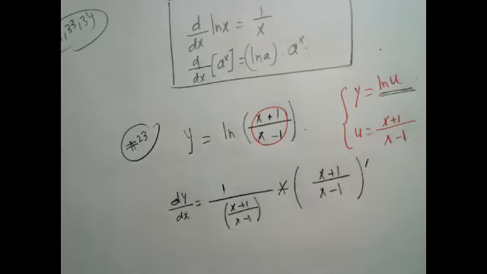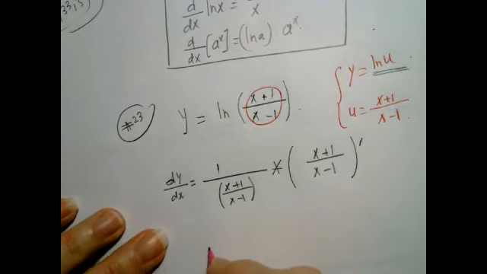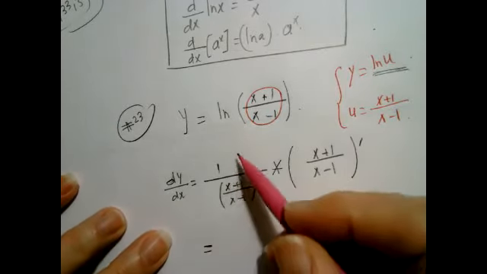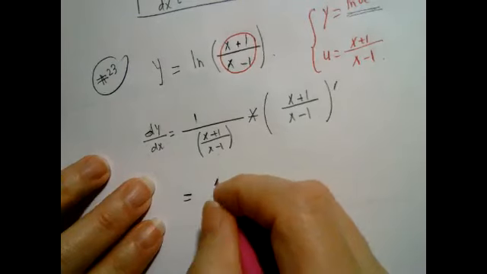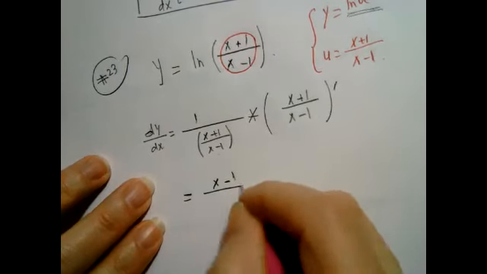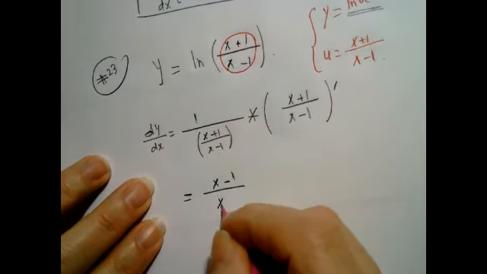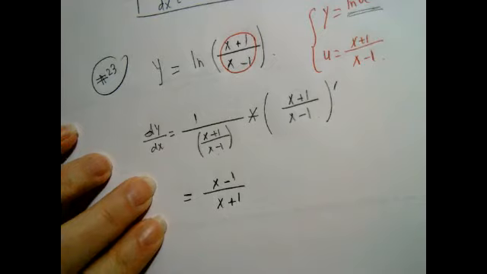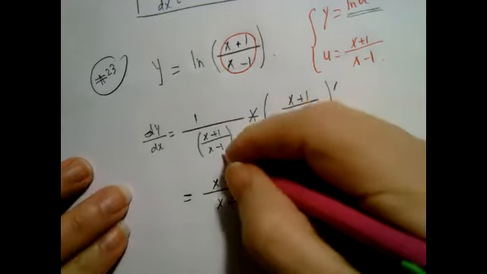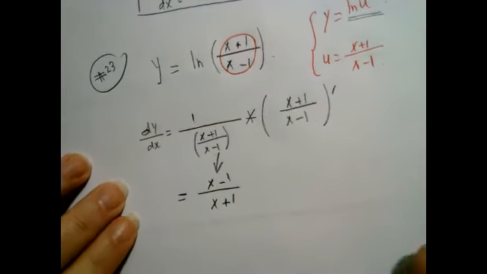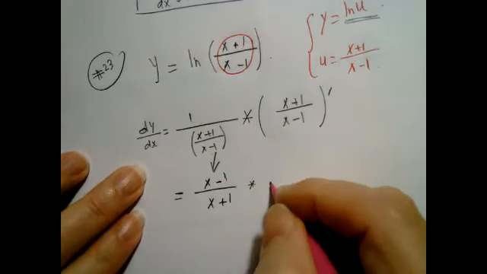The rest is we have to find the derivative of the inside, and we need to do some algebra here. This is going to be equal to 1 over (x plus 1) over (x minus 1), times the derivative, which becomes (x minus 1) over (x plus 1). That's just properties of fractions.